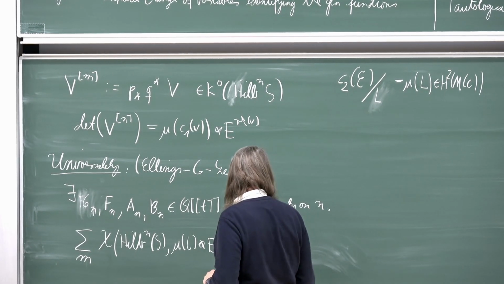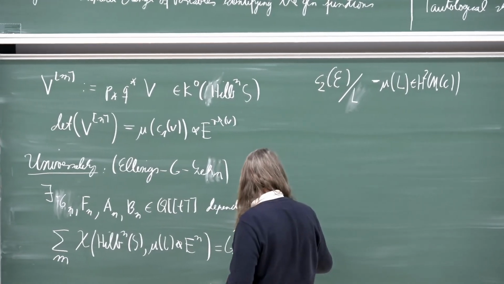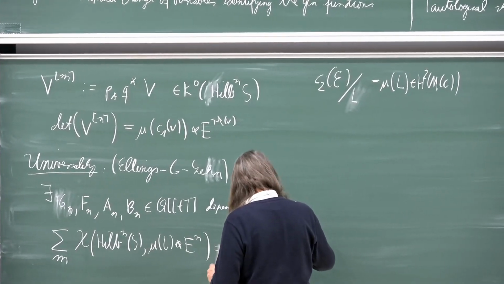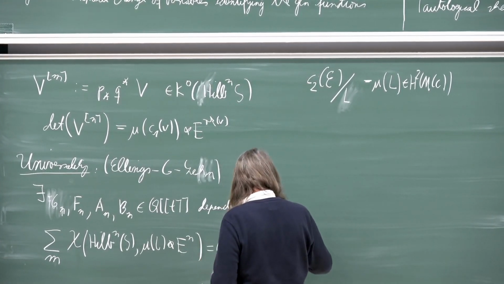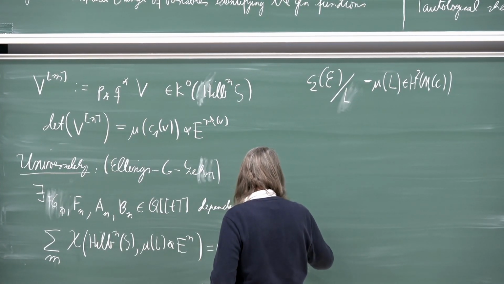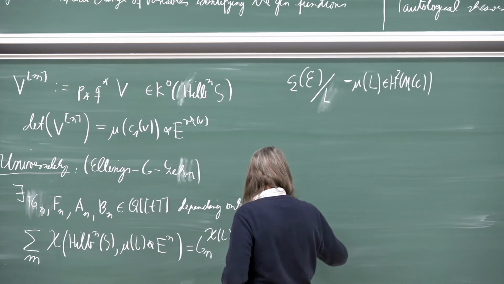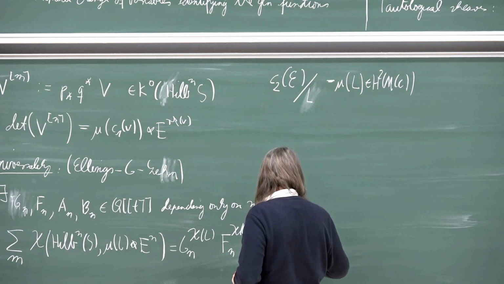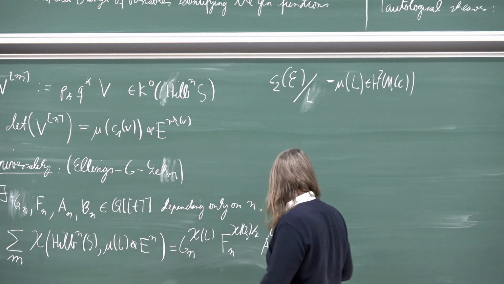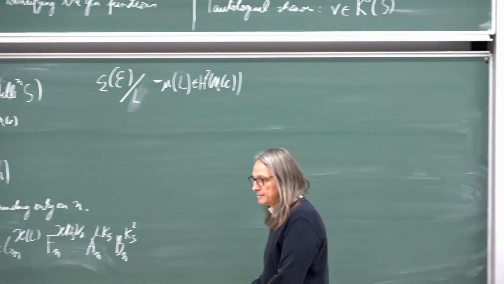Here the holomorphic Euler characteristic of L, of the line bundle corresponding to L, F_n to the, say, holomorphic Euler characteristic of S divided by 2, A_n to the L times K_S, and D_n to the S squared. So there are somehow 4 numbers in this business.